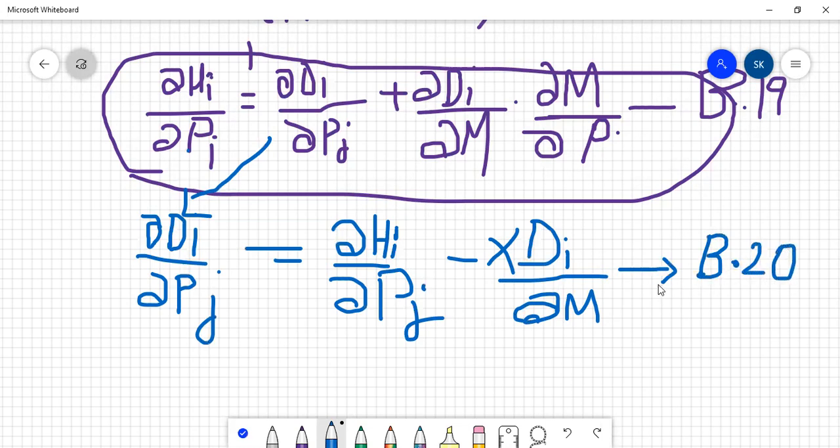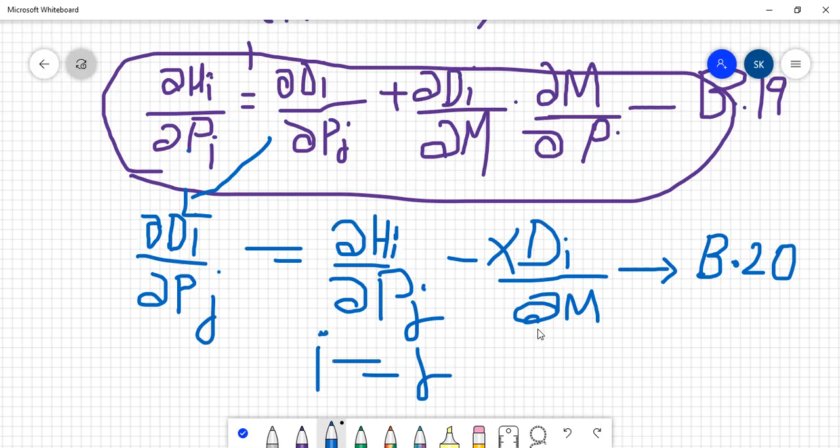Now taking i equal to j, we consider the effects of price change on its own demand. Therefore, B20 shows the slope of the Marshallian demand function is the sum of the substitution effect, that is curly hi upon curly pi, which is the slope of the Hicksian compensated demand curve, and the income effect, that is xi into curly di upon curly m.